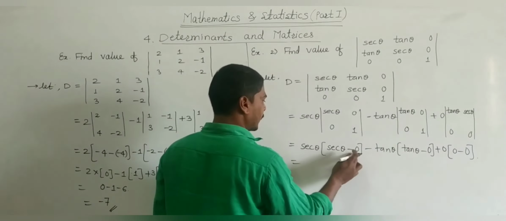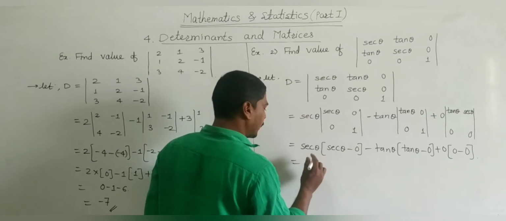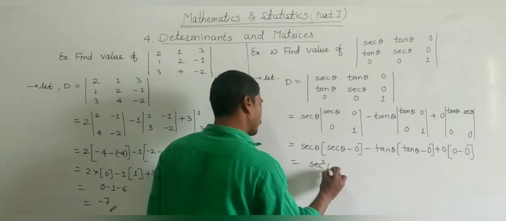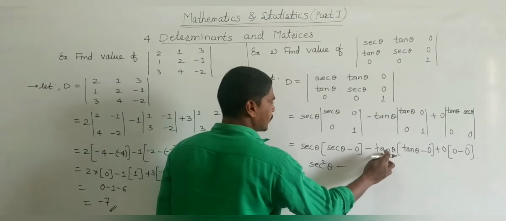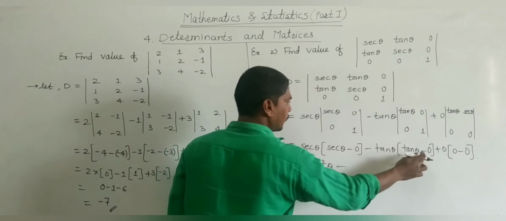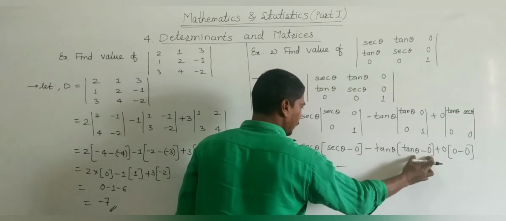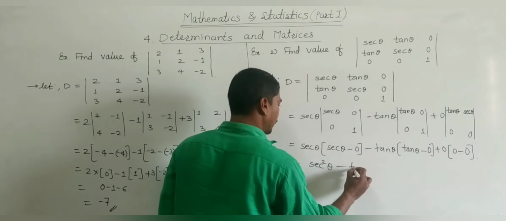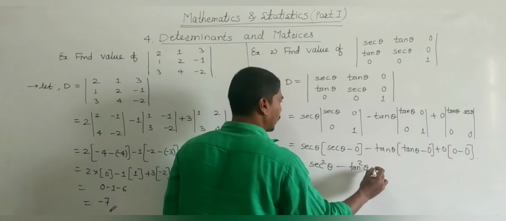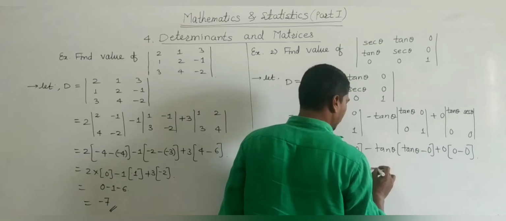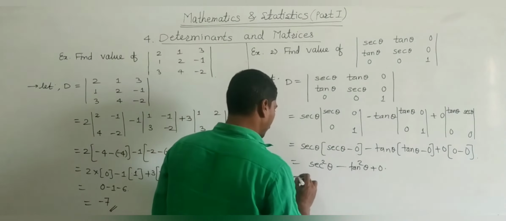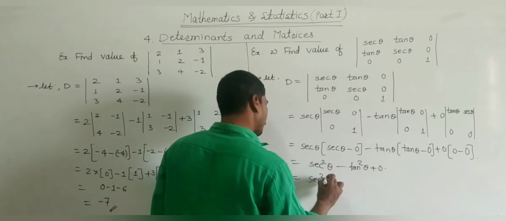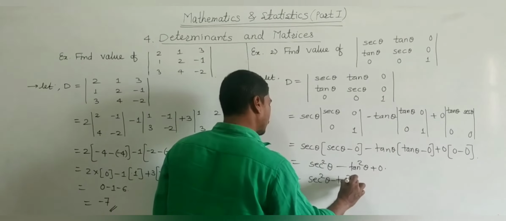In that way we get sec theta minus 0 is sec theta, into sec theta becomes sec square theta, minus tan theta into tan theta minus 0 is tan theta, into this minus tan theta becomes tan square theta, and this becomes 0. So we get sec square theta minus tan square theta.